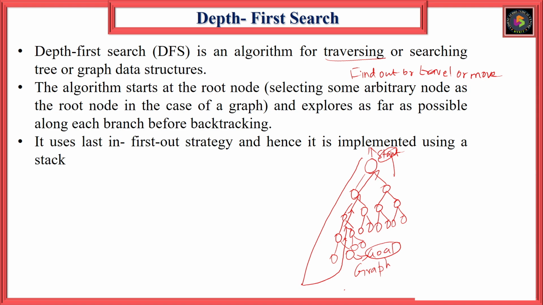If again it doesn't find any goal node, it will move to the next subtree, that is the right subtree, and start to find the goal state. That is called depth first search.